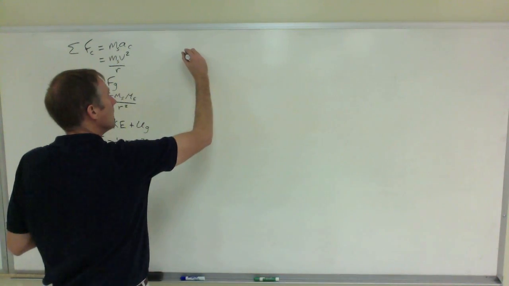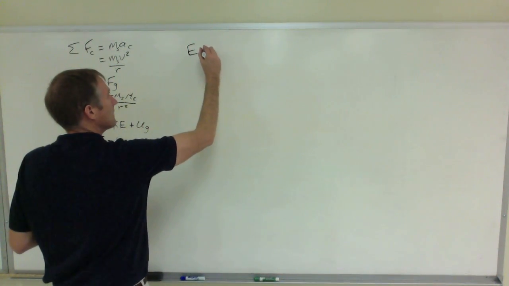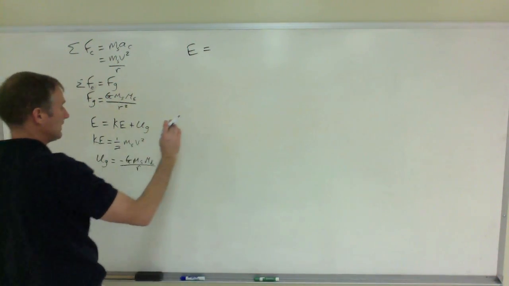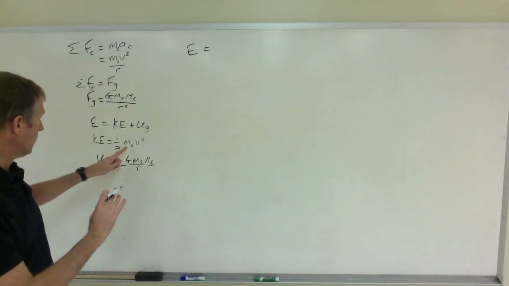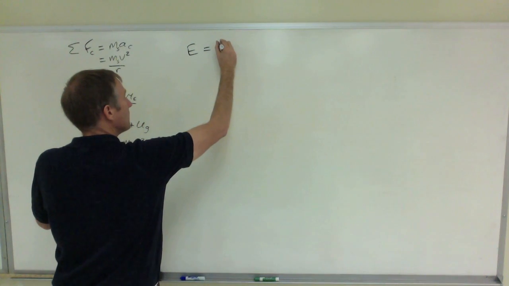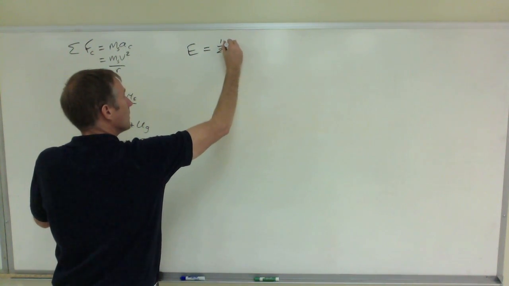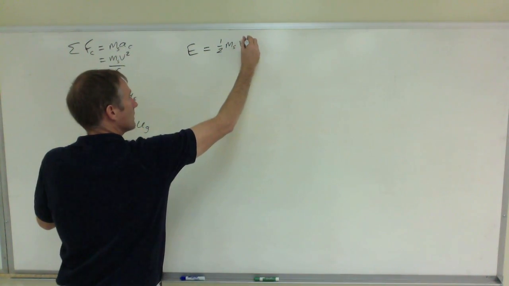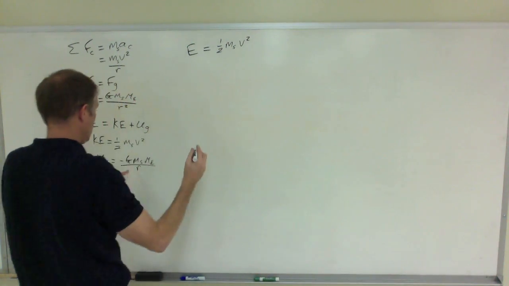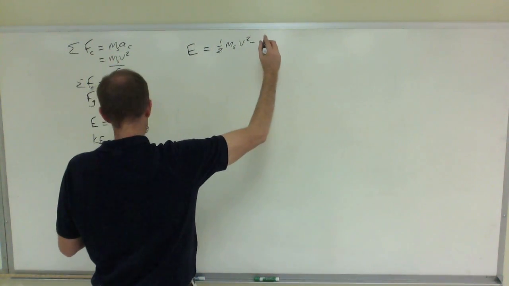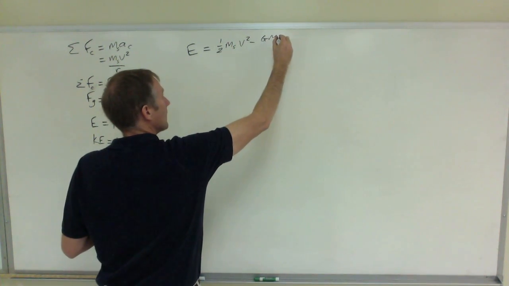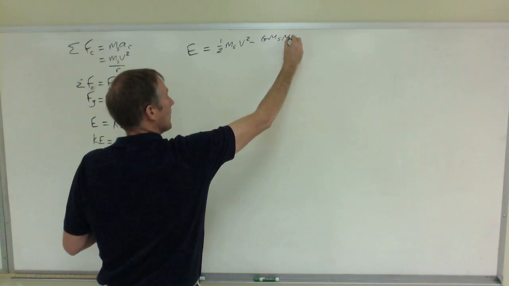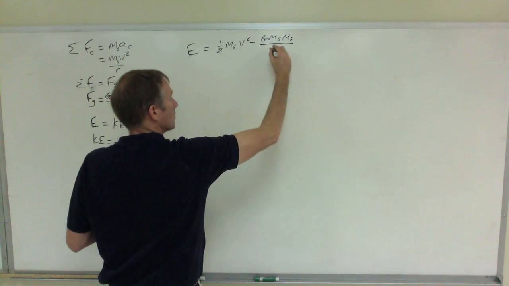Well, the energy of the satellite, as you already know, is equal to Ke plus Ug at whatever altitude we're at. So Ke is going to be 1/2 the mass of the satellite times its speed squared, minus G times the mass of the satellite times the mass of what's being orbited all over r.